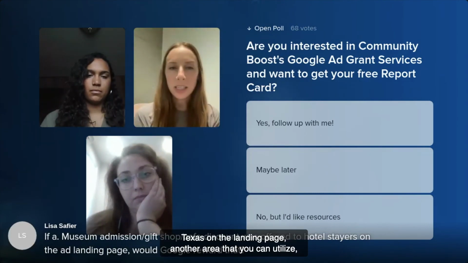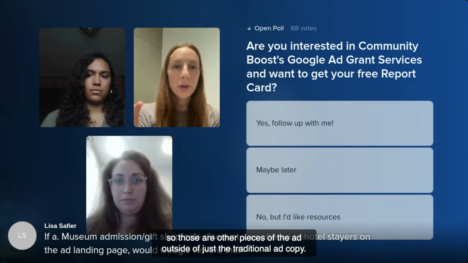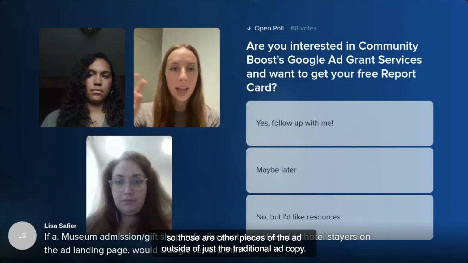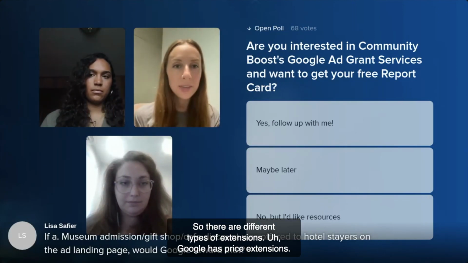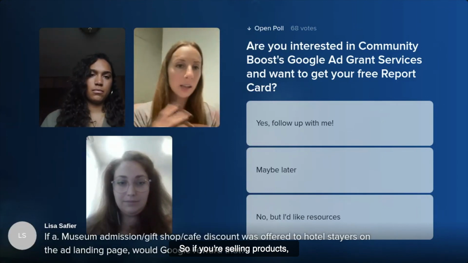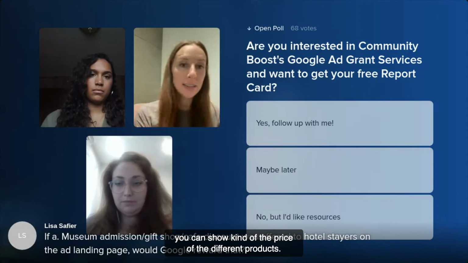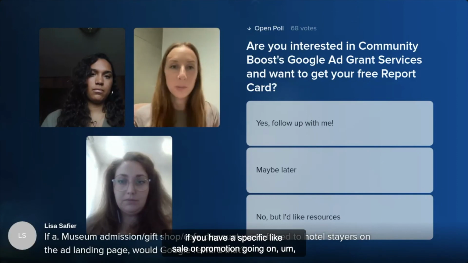Another area that you can utilize these kind of benefits are in extensions. Those are other pieces of the ad outside of just the traditional ad copy. There are different types of extensions. Google has price extensions, so if you're selling products, you can show the price of the different products. It also has promotion extensions, which might work well for that example if you have a specific sale or promotion going on.